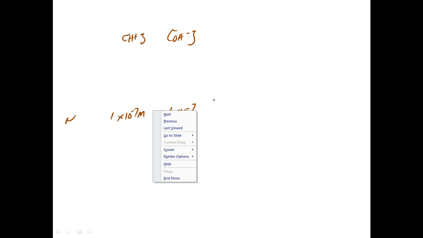So we saw that at neutral, I'm just going to write hydrogen ion and hydroxide ion, we saw that at neutral pH, this is 1 times 10 to the negative 7th molar. This is 1 times 10 to the negative 7th molar.